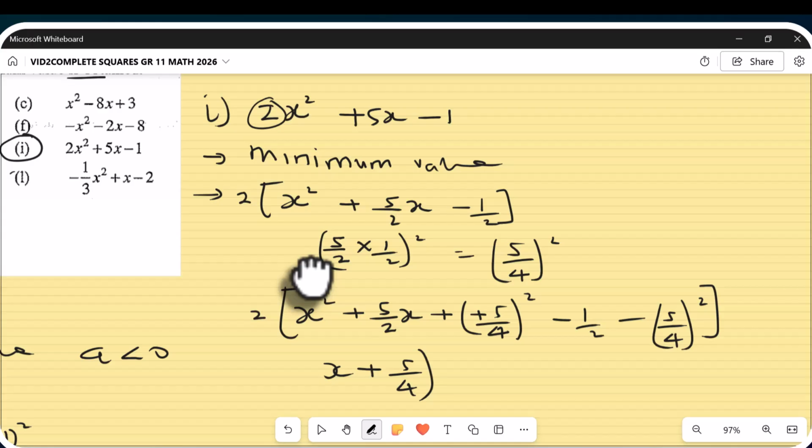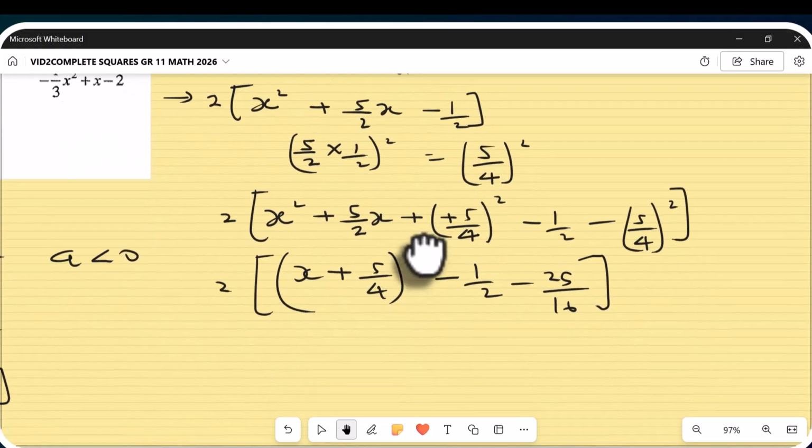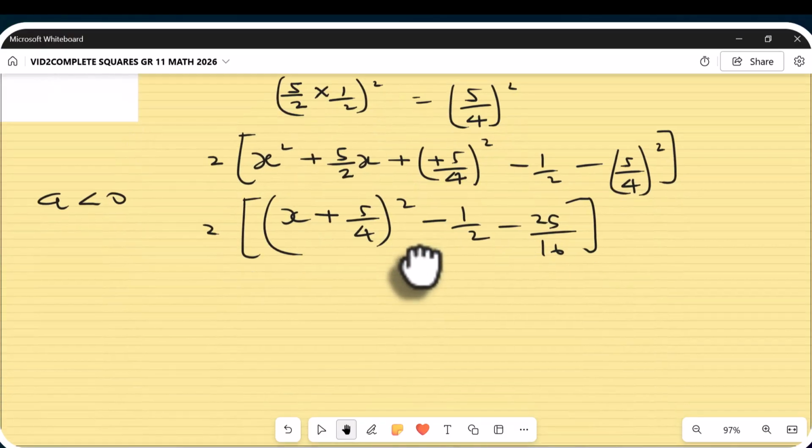Don't forget we have the bigger bracket here, and then we put this 2 outside. Now open the bigger bracket, so it gives us 2 multiplied by (x plus 5 over 4) squared, then minus 1 multiplied by 2, minus 1, then minus 25 over 8.